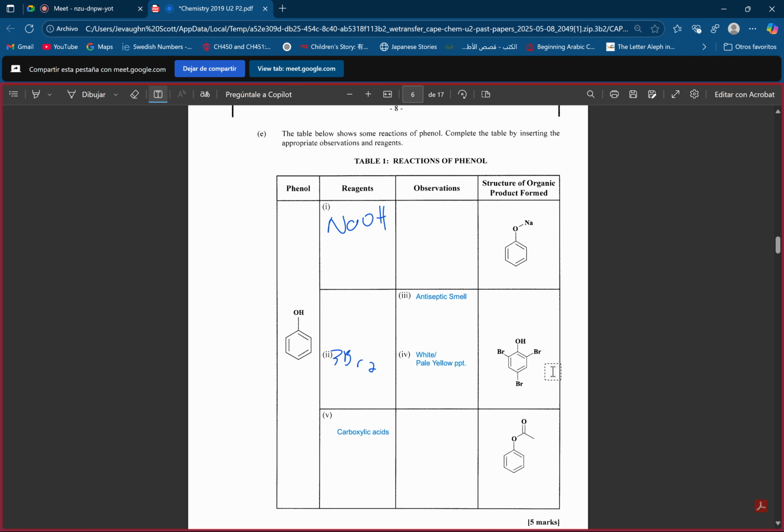This is aspirin actually. Hold on. I never noticed that. This is basically creating aspirin. With that production you will probably need ethanoic acid. But they don't typically react directly like that.